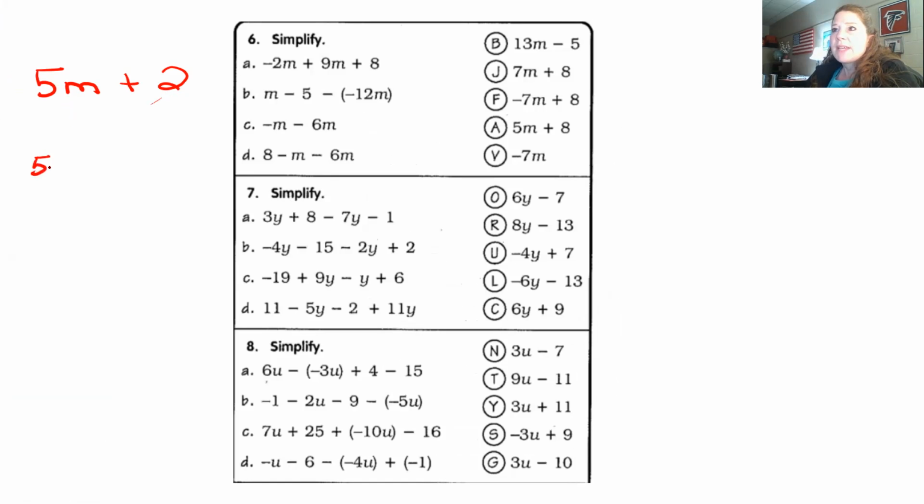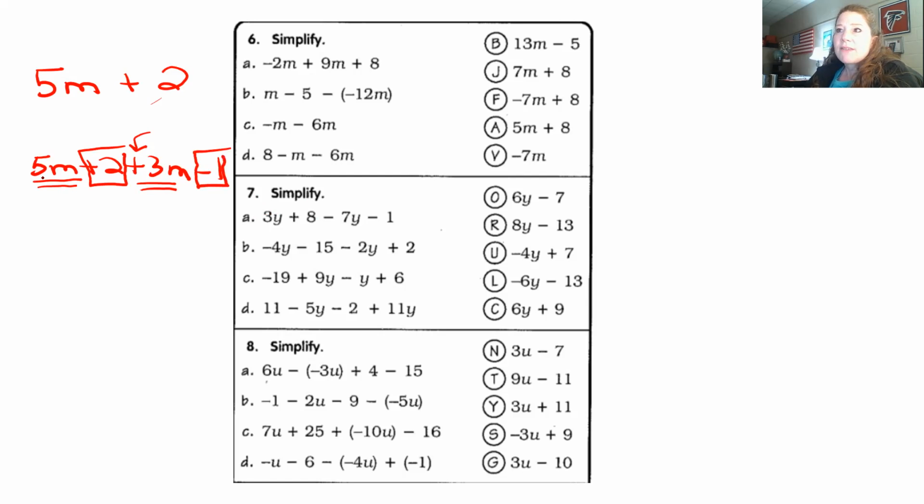If you have 5m plus 2 plus 3m minus 1, some of these are like terms. So 5m is like positive 3m, and you can't just look at the actual number, you have to look at the sign in front of it. And then positive 2 is like negative 1.